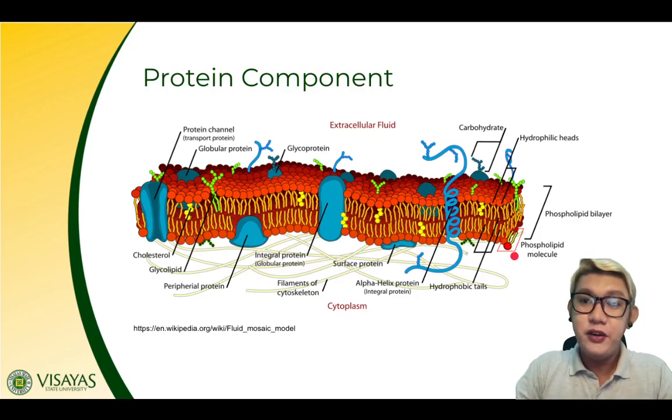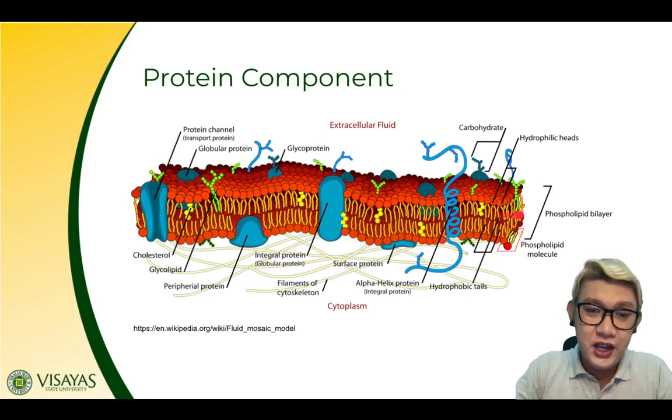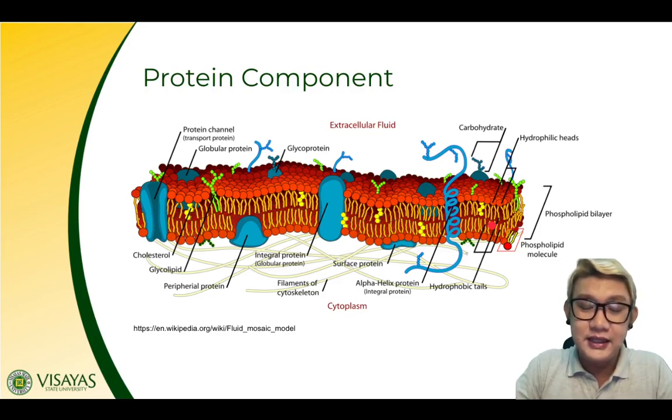However, hydrophobic interaction is more than that. The interaction between these hydrophobic molecules is very weak. What makes the cell membrane stable is the interaction of the water outside and inside the cell.